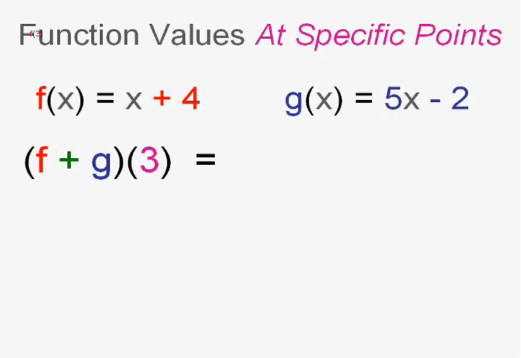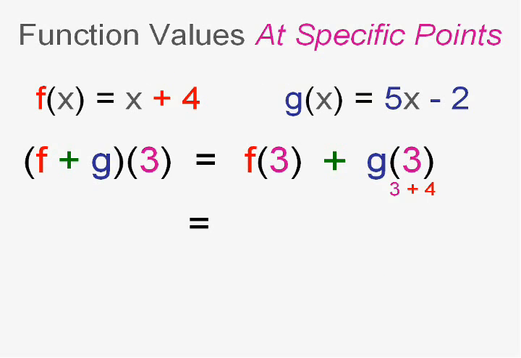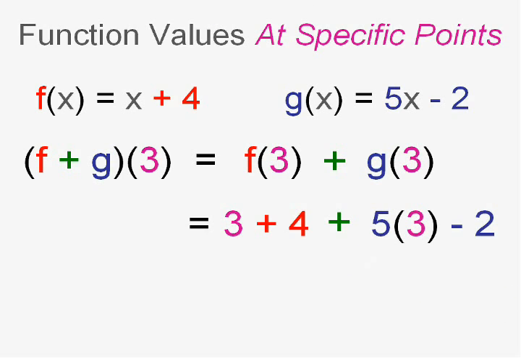That's going to be f of 3 plus g of 3. Now, f of 3 means put 3 into the function f, or add 4 to 3. g of 3 means input 3 into the function g, which is going to be 5 times 3 minus 2.